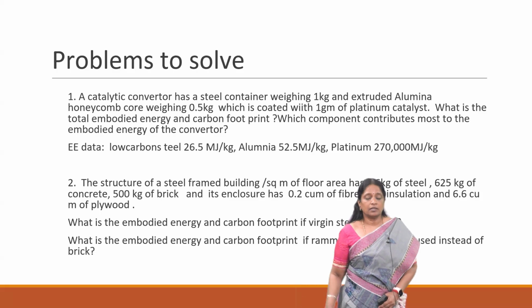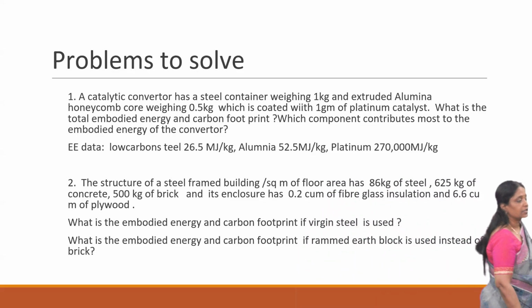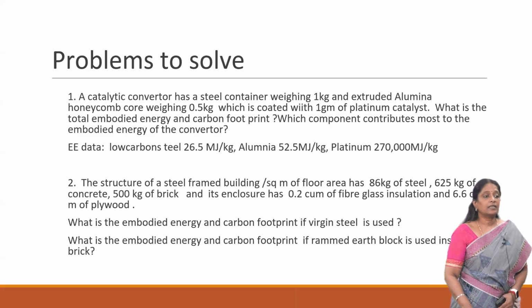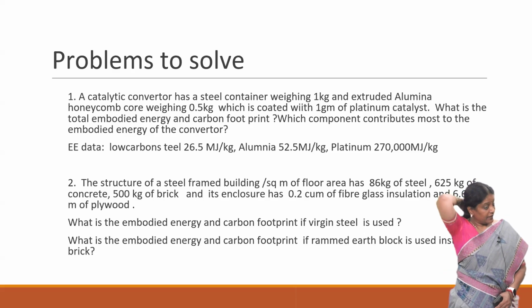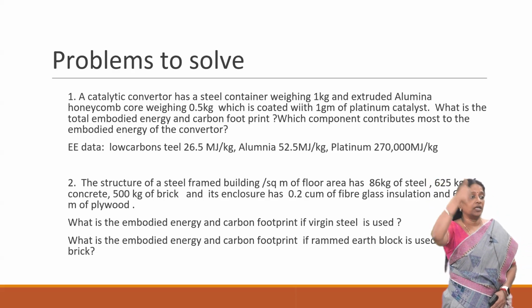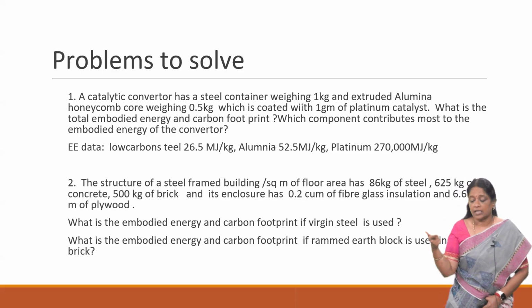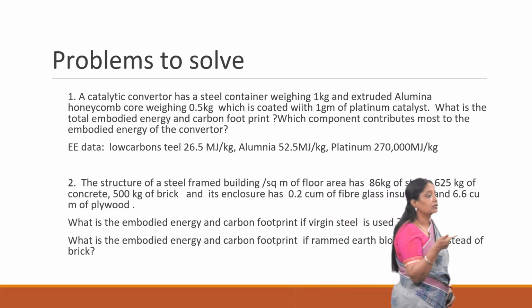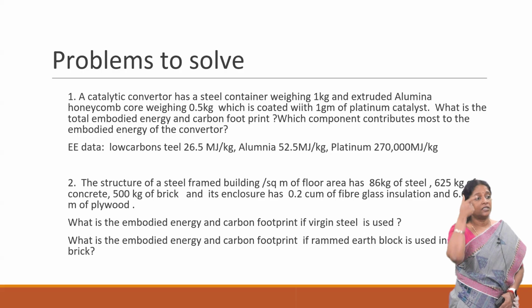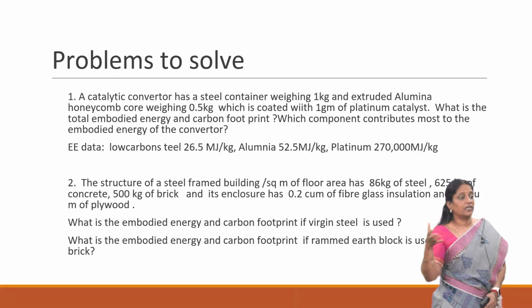If you look at the material property section of this book, it has listed a lot of these eco attributes that I showed you in the previous slide. What is the embodied energy of different materials? And for extruded alumina, it also gives you the embodied energy of the different processes, melting, extrusion, and whatever be the steps.